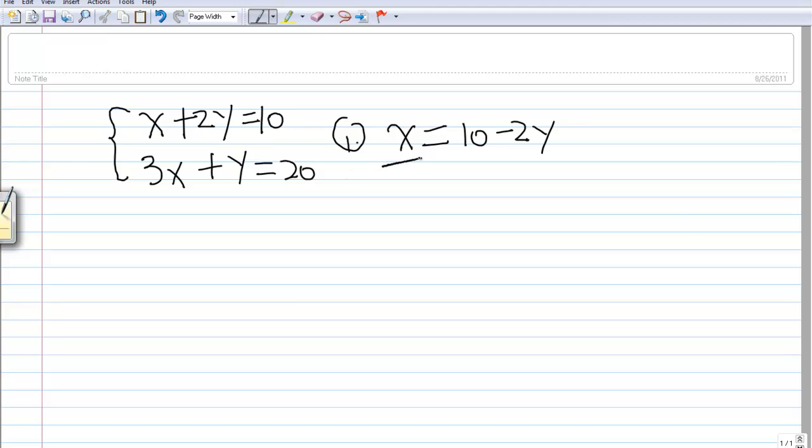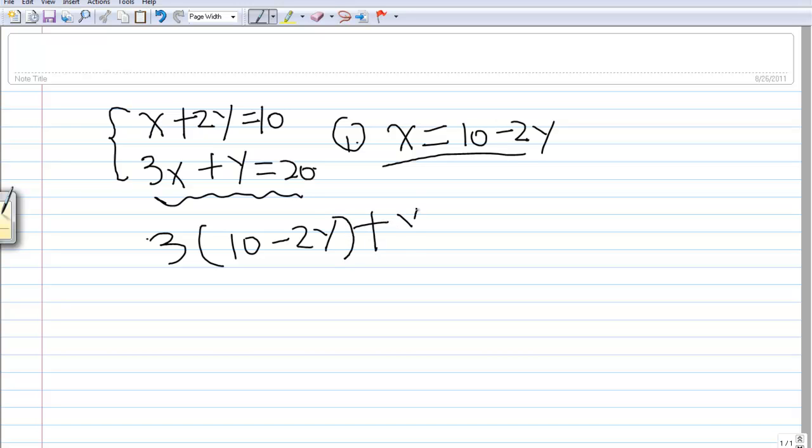Then we substitute x into the second equation, right here. So we have 3 times (10 minus 2y), and then plus y. On the right hand side, we didn't change anything, so we still get 20.